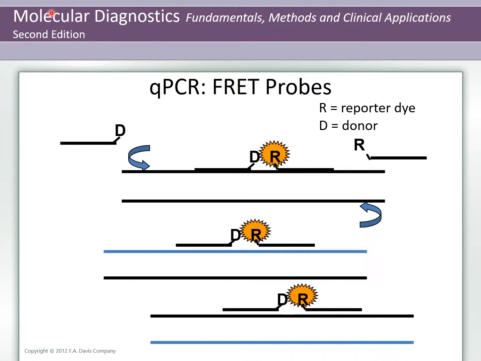The acceptor-reporter complex will fluoresce only when both probes are bound next to one another on the target sequences. As more target accumulates, more probe binds and more fluorescence is emitted. FRET probes are used in the medical laboratory for viral detection and quantitation, and for amplification and detection of genetic diseases.